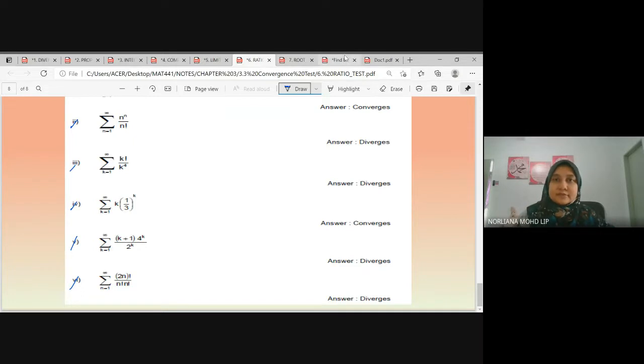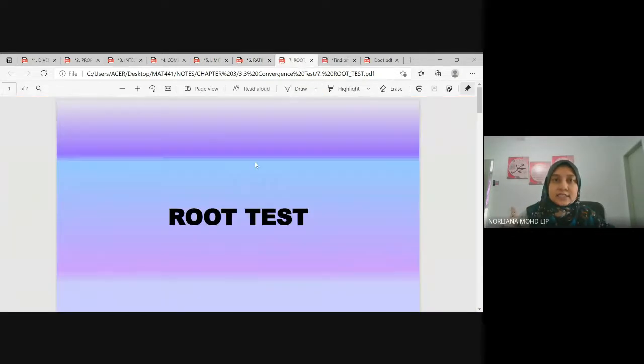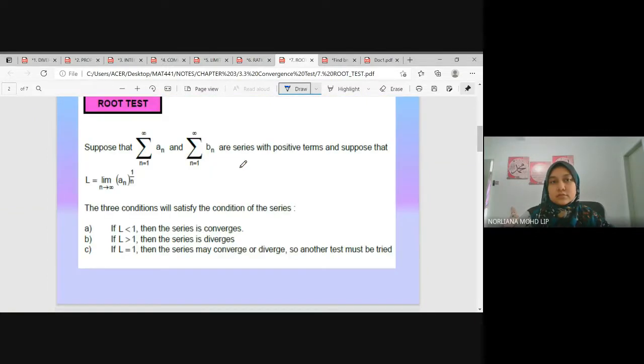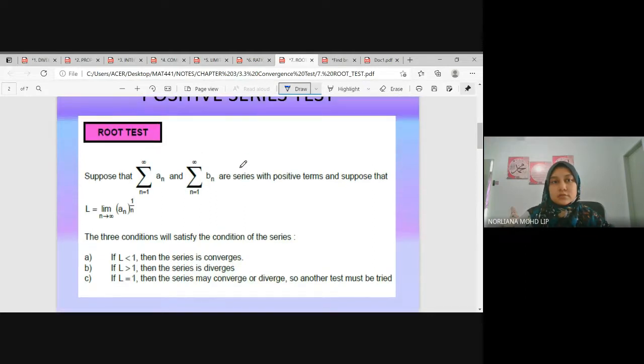Tak ada. Okay, last test is root test. Okay, ni yang ketujuh. Okay, root test, the series of an and bn are positive term and suppose L equal to the limit of an to power of 1 over n where n approach infinity.